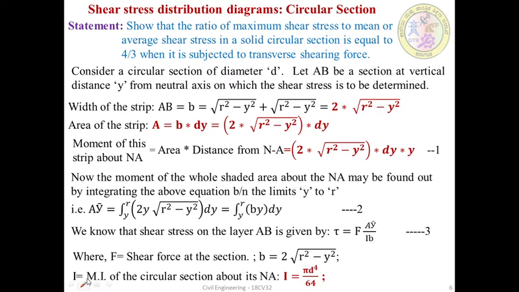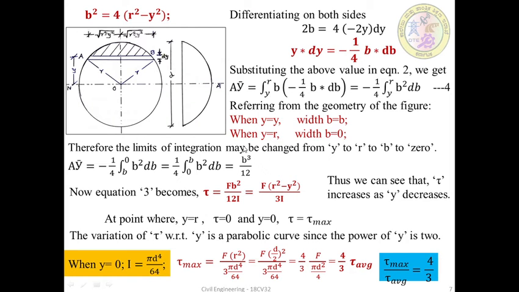I is the moment of inertia of the circular section about the neutral axis. We already studied in the moment of inertia chapter under the engineering mechanics subject that the moment of inertia of a circular section about the neutral axis is pi d to the power 4 divided by 64.